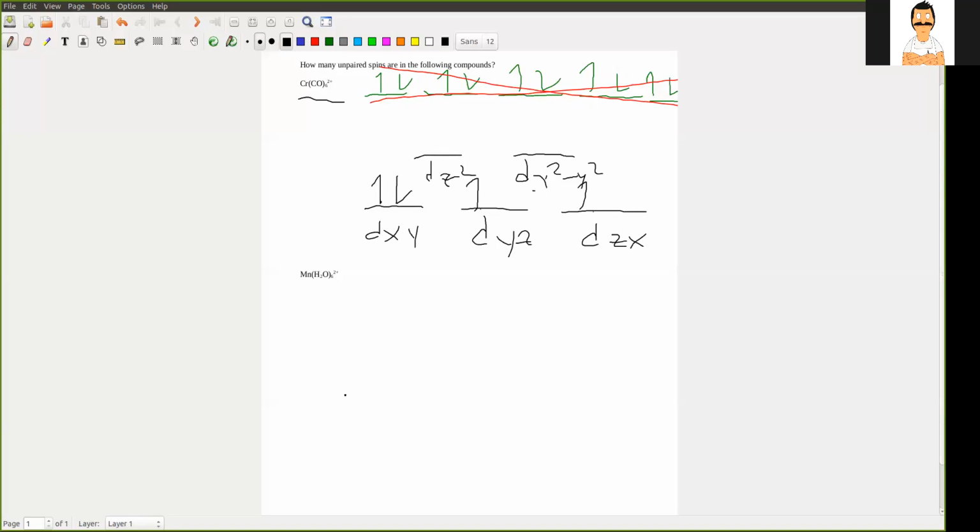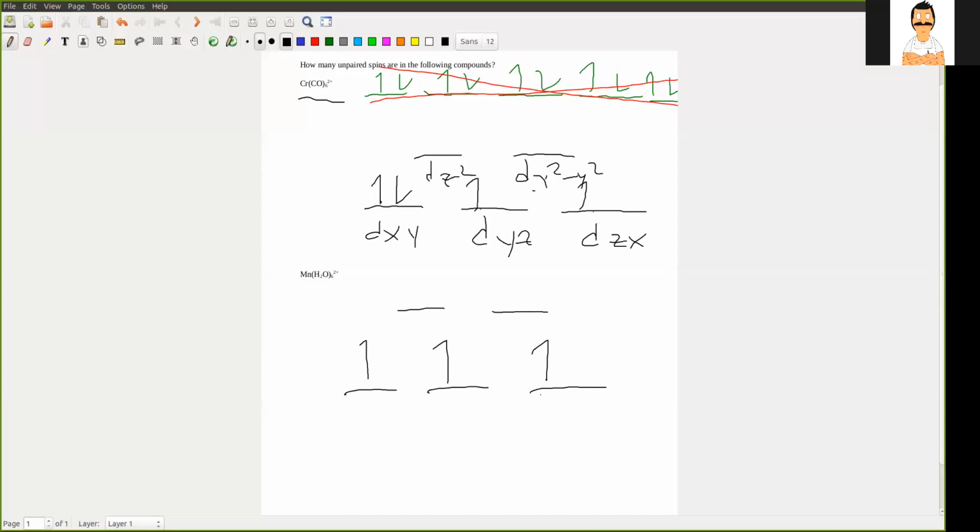Conversely, water is a weak field ligand, so it has a high spin. Manganese 2+, you'd expect 5 electrons, and normally we would automatically put those first 3 in spin up on the lower 3 orbitals.